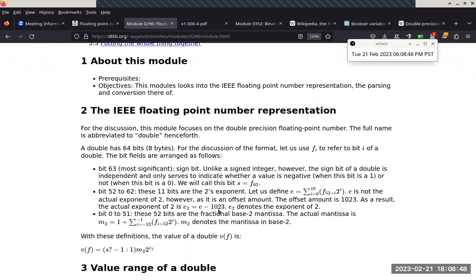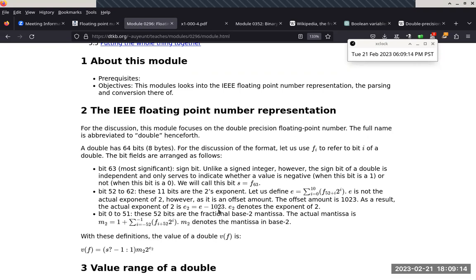And that's by definition. This is how the IEEE has determined we want to represent the value. And we're adding 1023 because we know what E2 is. We know E2 needs to be 3, and we want to find out what E is.